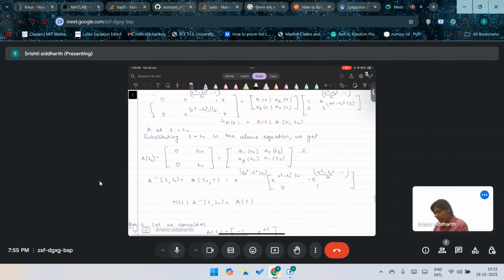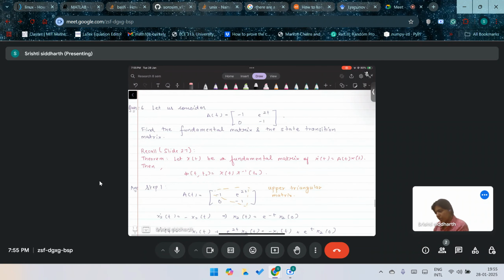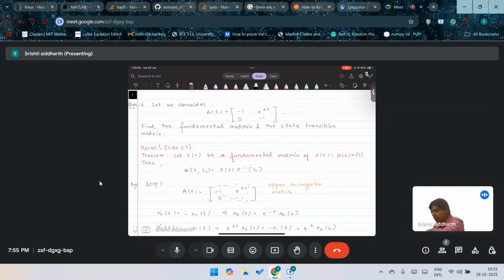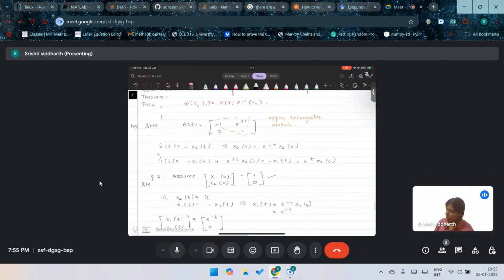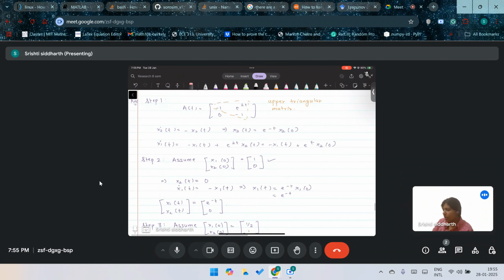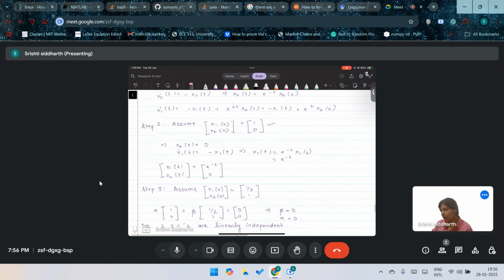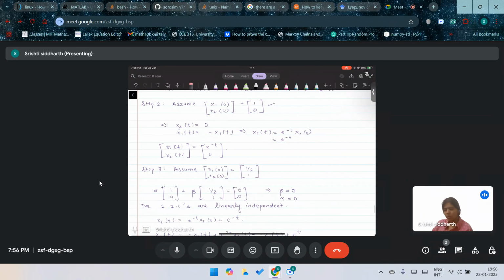Alright. So after this, we looked at how to compute state transition matrix of a LTV system using the fundamental matrix. So in the first step, we just looked at the upper triangular matrix structure of the system and find out what x2 and x1 should look like. After that, we assumed some initial conditions and find out the solution due to these initial conditions.